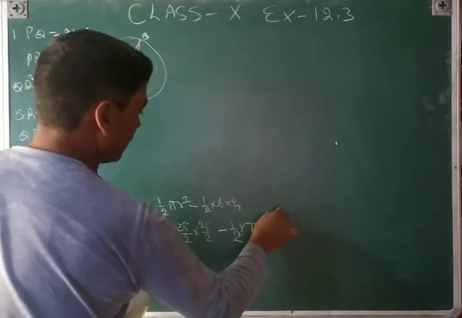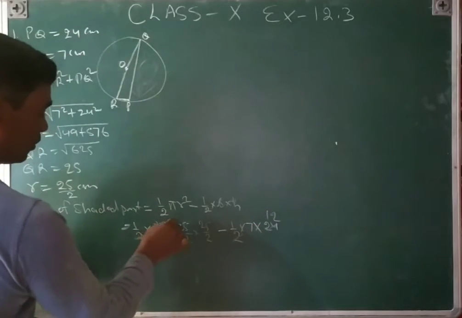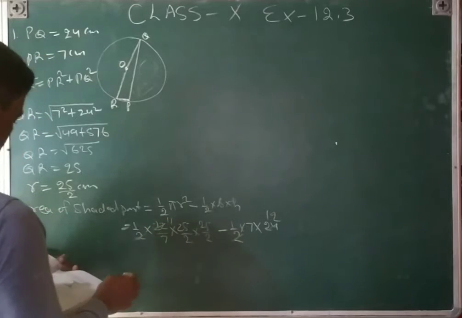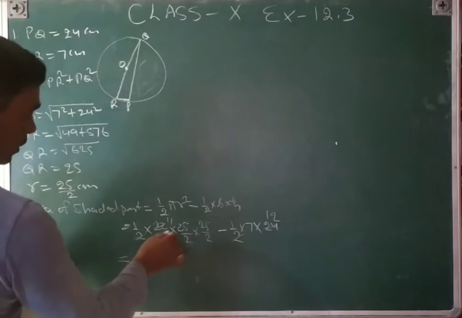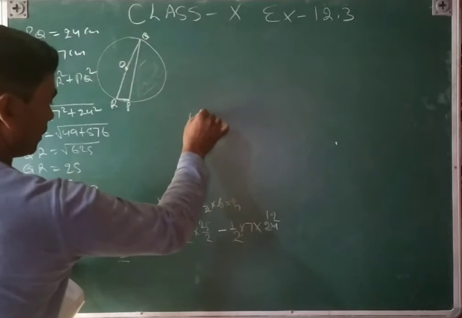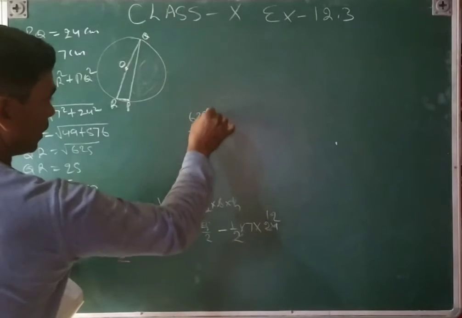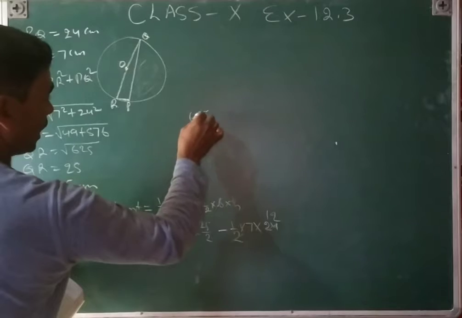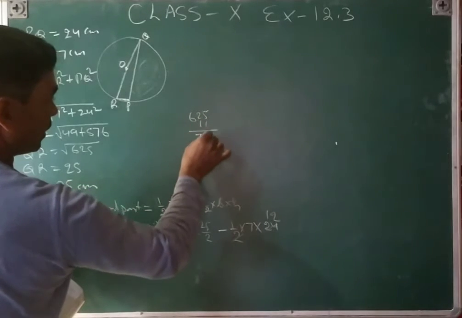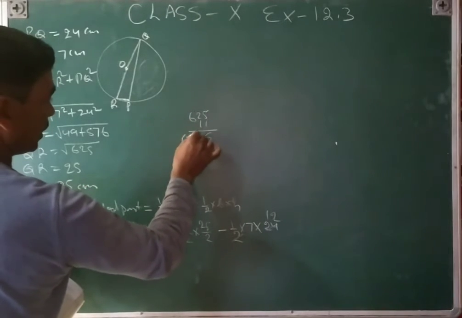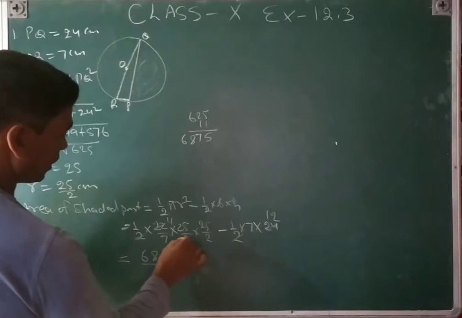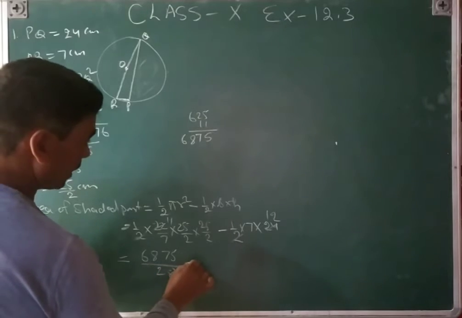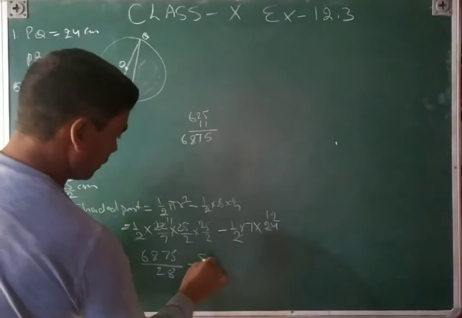The pi value is not given here. Okay, so 25 times 25 is 625, and then the calculation continues, 68 upon 7, and then 12 times 7 is 84.